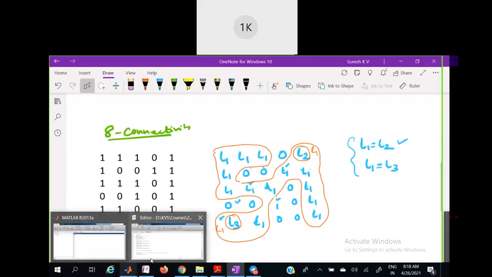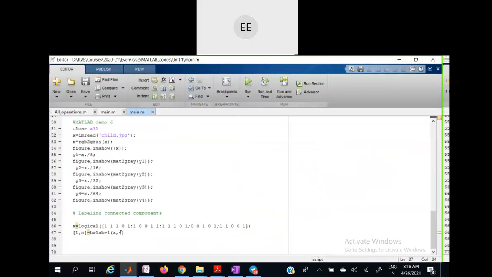So let us try this on MATLAB. The only change you have to do is you have to give 8 here. So I have to give 8 here and run this.